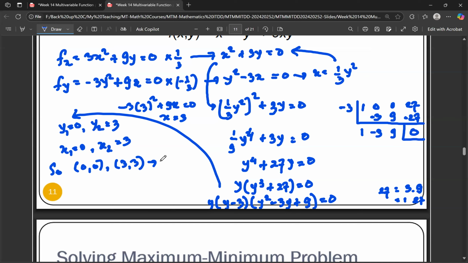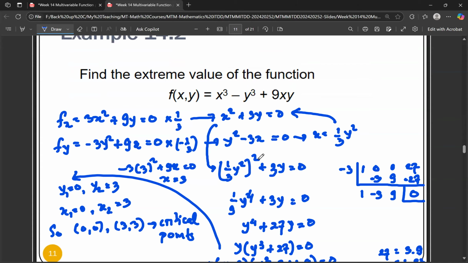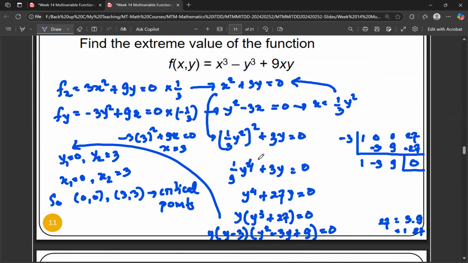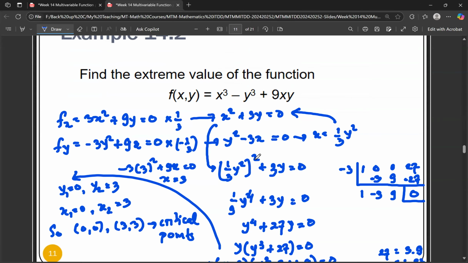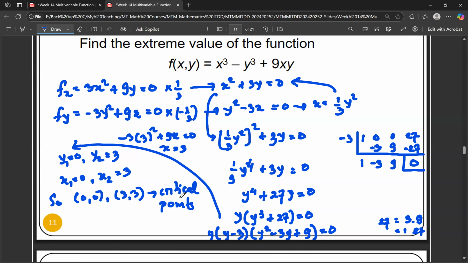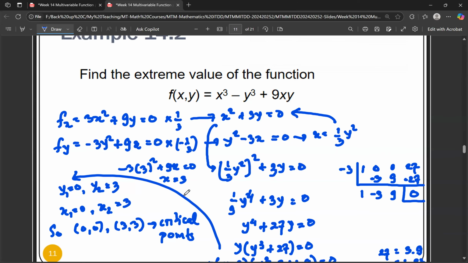These are the critical points. So until now, we have that the critical points are (0, 0) and (3, 3).